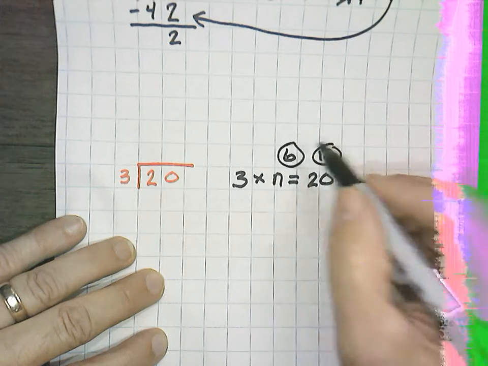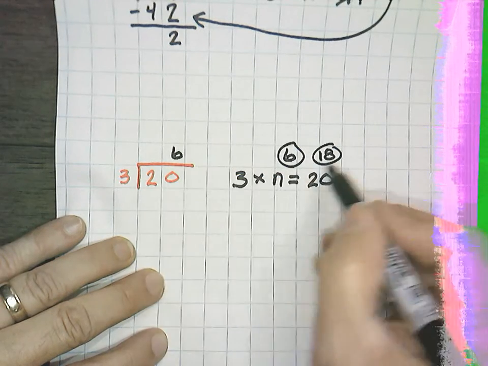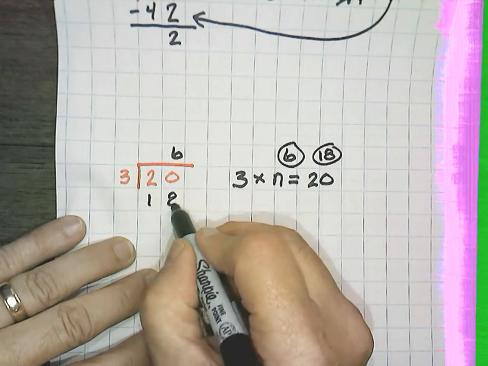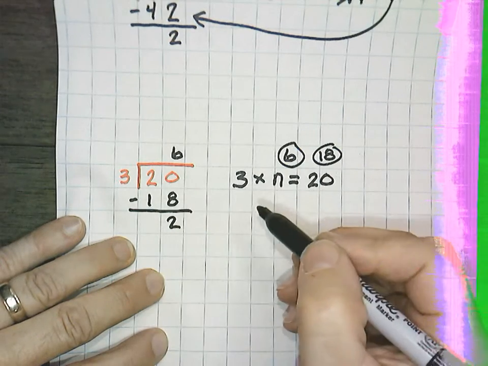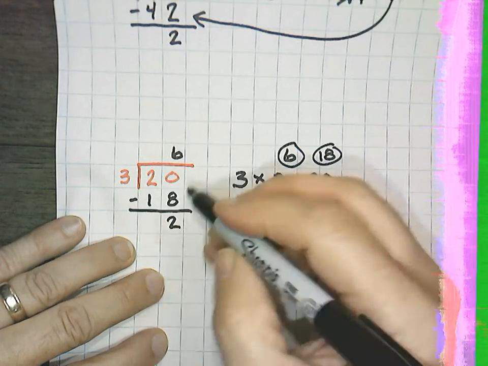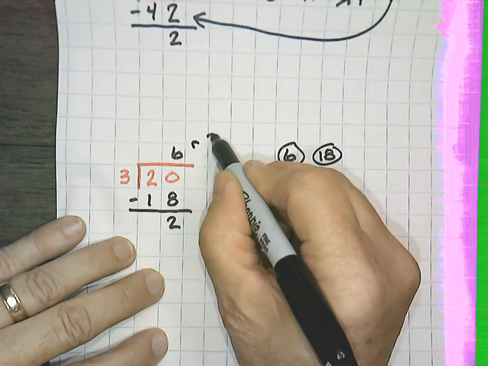It equals 18. Remember, we're going to circle and use both. 6 on top, 18 on the bottom. If I subtract, I get 2. So my answer would be 6 with a remainder of 2.